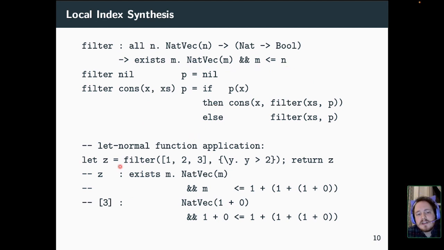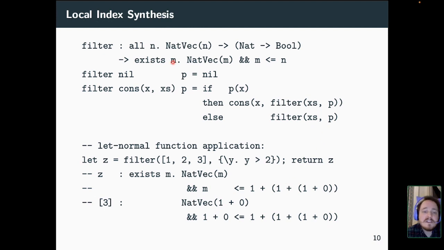And if we write this let-normal program where we assign the result of applying filter to these arguments, the list containing 1, 2, 3 and the predicate being whether the number is greater than 2, then the algorithm has to be able to synthesize an index for n. In this case, an index semantically equal to 3 would be synthesized.